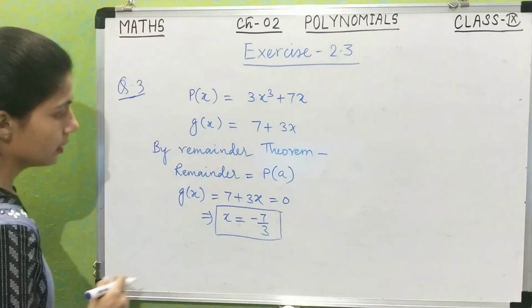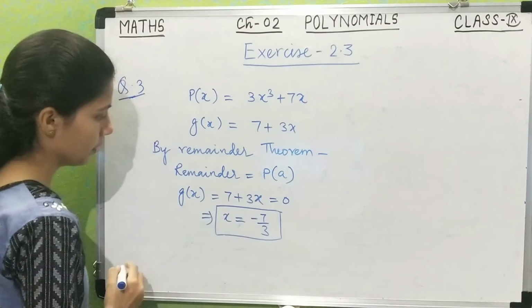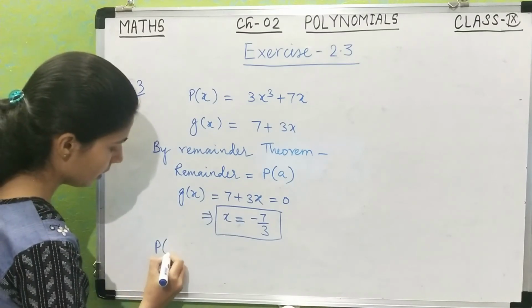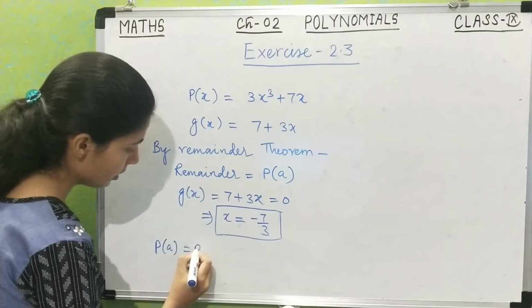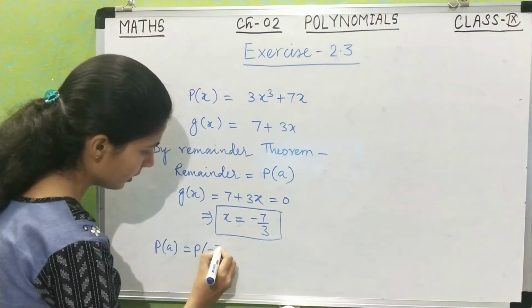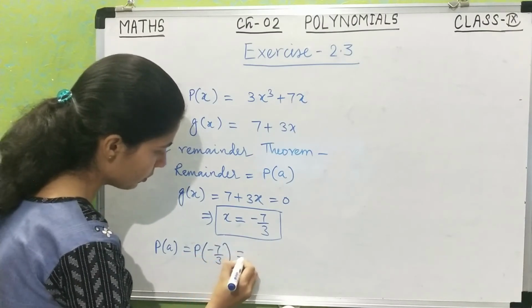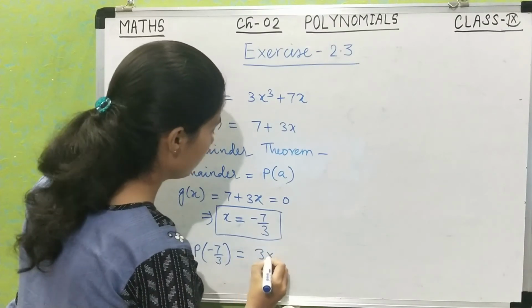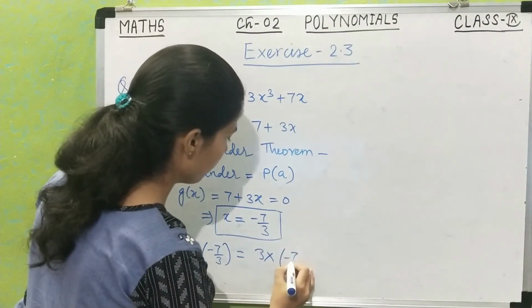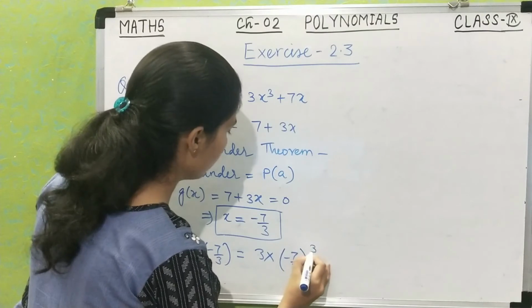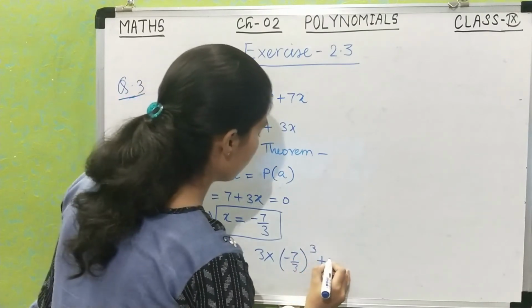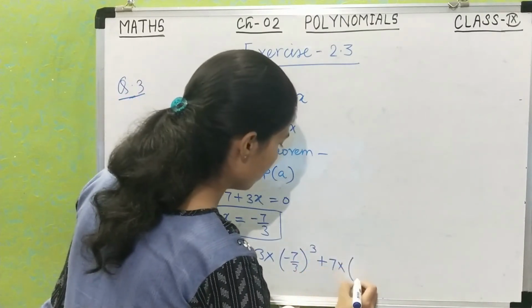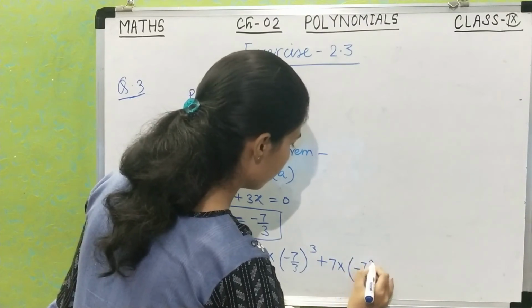Now put this value in the remainder part. So p(a), that is p(-7/3), equals 3x cube, meaning 3 into (minus 7 upon 3) cube, plus 7x, meaning 7 into minus 7 upon 3.